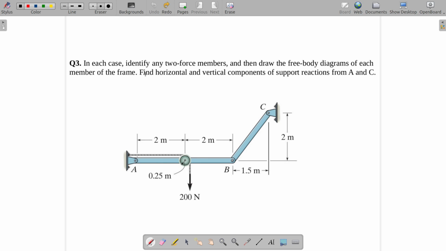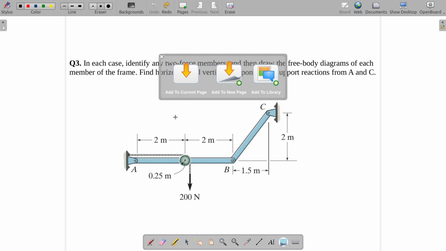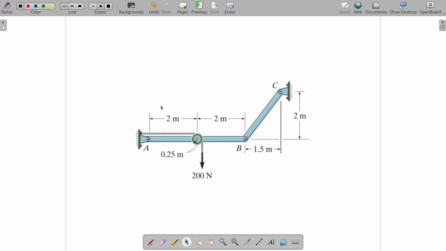So our target here is to find the horizontal and vertical components of the support reactions from A and C. I'll take enough time, and we will not be in a hurry to solve the problem. We'll go slow and easy. This is not very difficult.